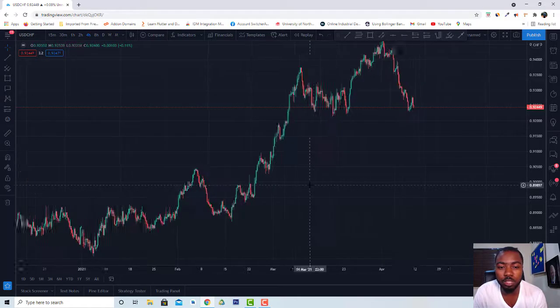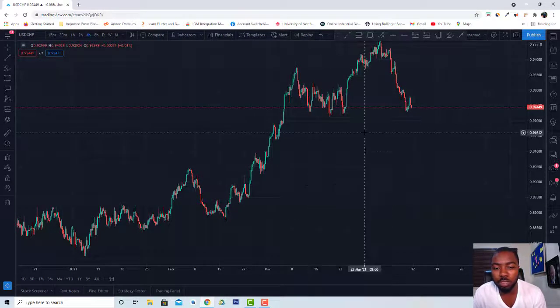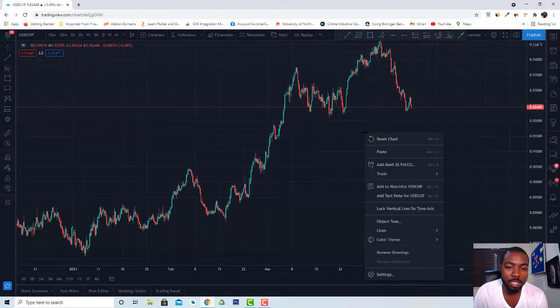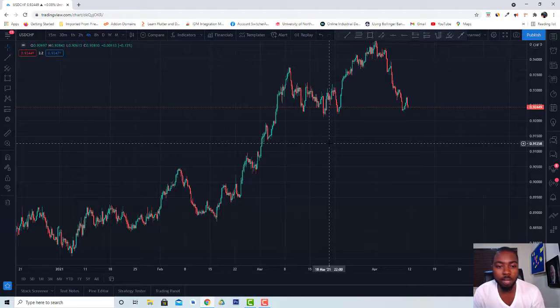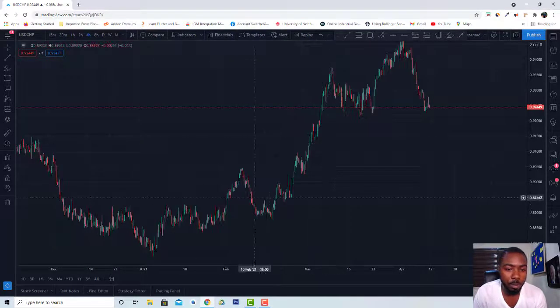You don't joke with these tools. Tools like the Fibonacci, that's one of them. I'm going to use it here today to show you guys how the market will unfold this coming week.